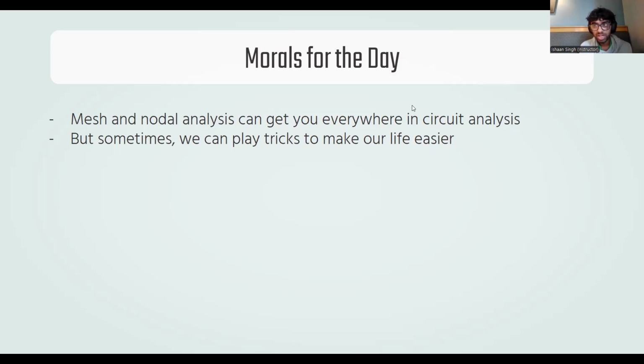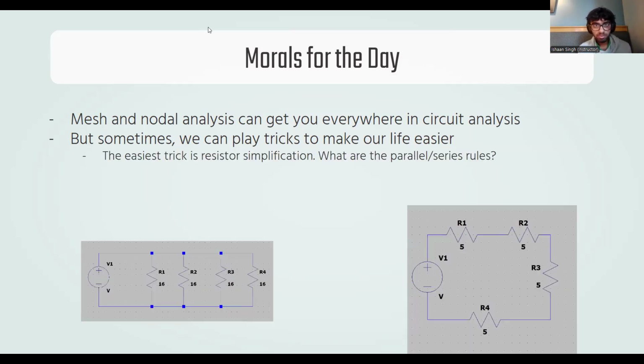But we can play a lot of tricks to make our life easier, to avoid having to solve systems of 20, 30 equations and reduce the amount of algebra that we have to do. The biggest trick is resistor simplification. So there's a bit of a review, but can someone tell me the equivalent resistance of the circuits on the left and right? Anyone?